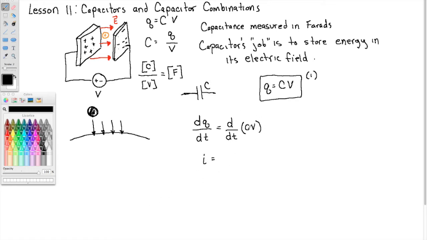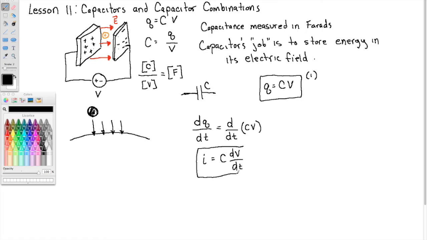Now over here on the right, the capacitance C is a constant. Once you manufacture the capacitor, once you decide on the metal for the plates and their area and their separation distance and the dielectric material inside, build the capacitor, you get handed that capacitor, the capacitance does not change. It's not a function of time. So I'll pull that out of the derivative operator, and we get this equation.